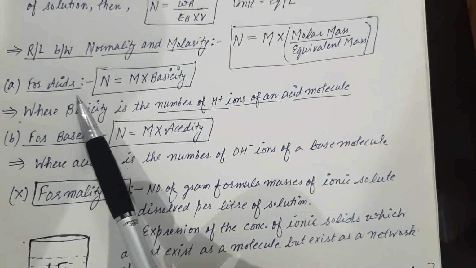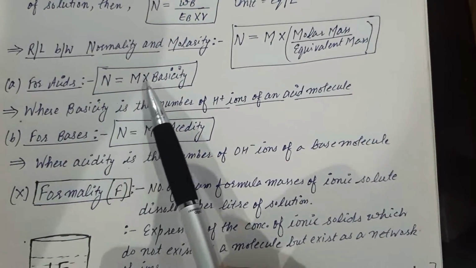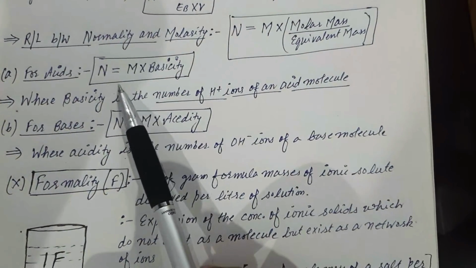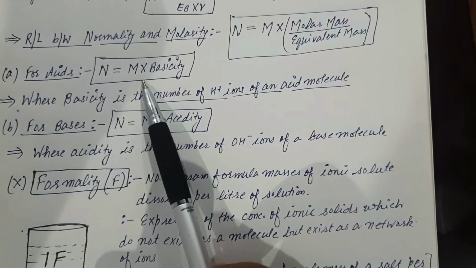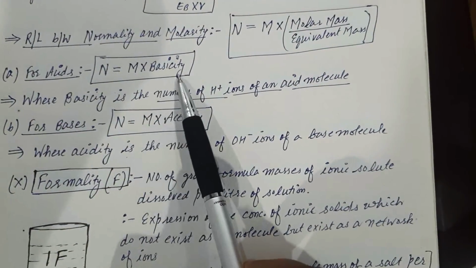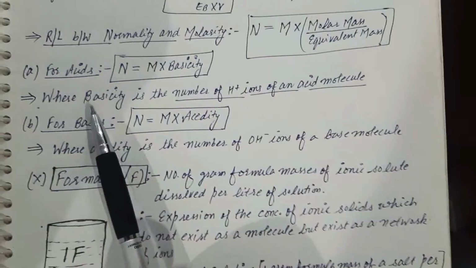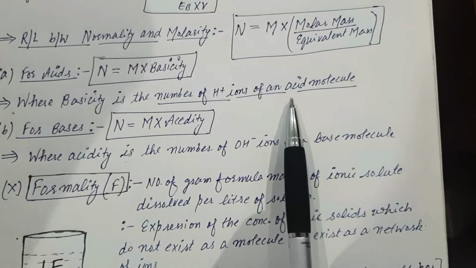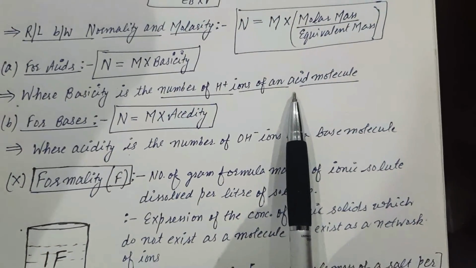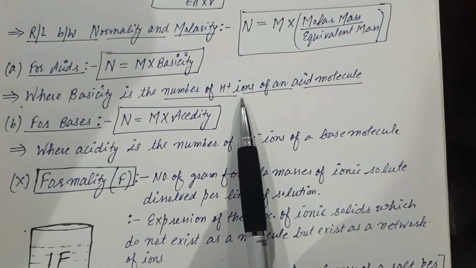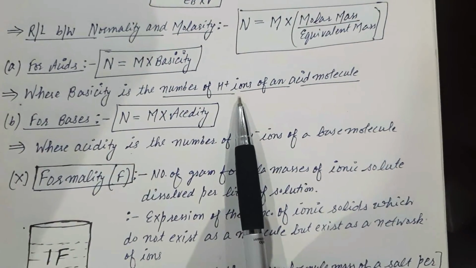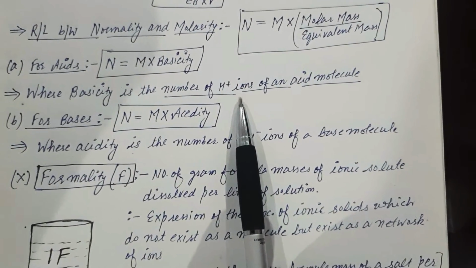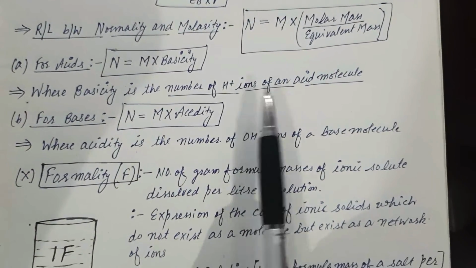In case of acids, N is equal to M into basicity. For acids, if you have to calculate normality and molarity is given, then for acid we take basicity. What is meant by basicity? Basicity is the number of H plus ions of an acid molecule. For example, in case of sulfuric acid H2SO4, we take basicity 2 because 2 H plus ions are released in the aqueous solution.